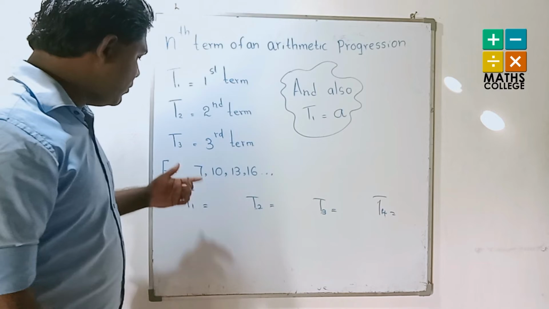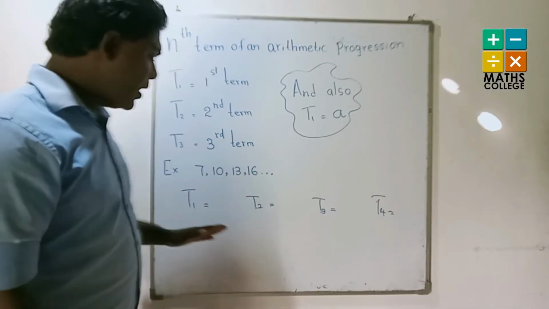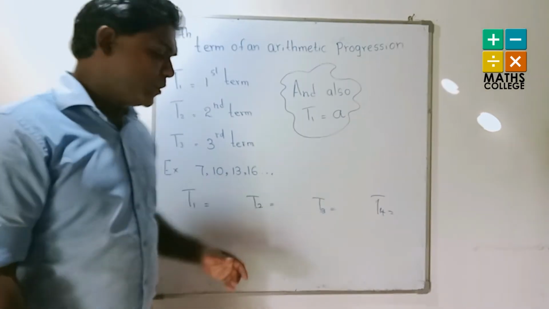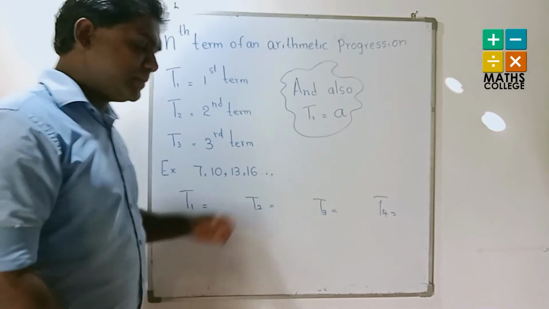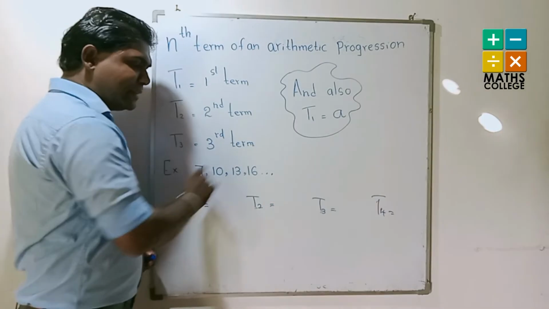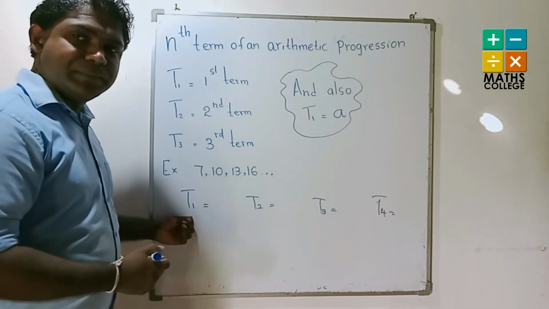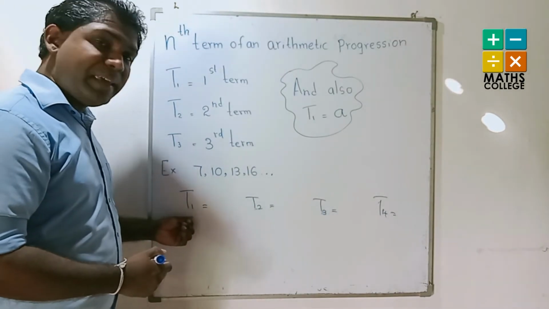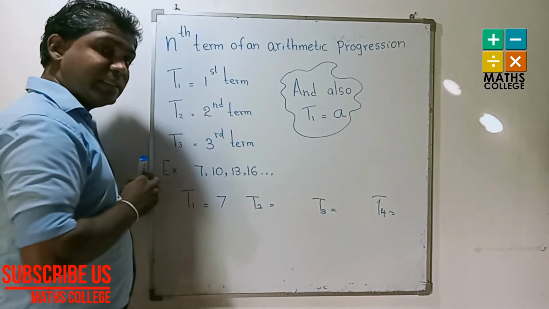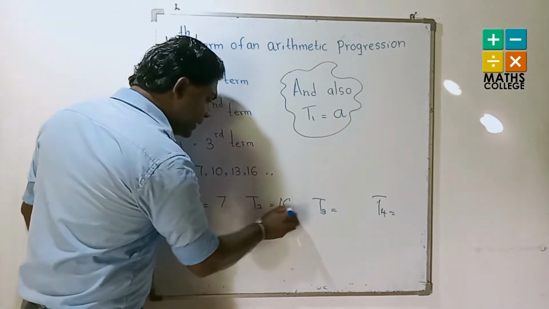Now I am going to do an example of how to identify and write each term of this number sequence: 7, 10, 13, 16. Tell me, what is the first term? The first term is 7. The second term is 10.